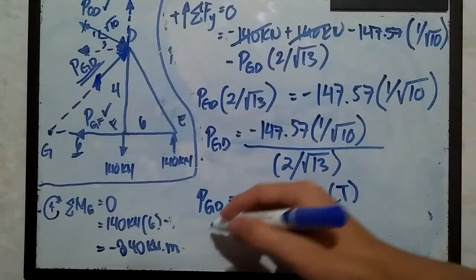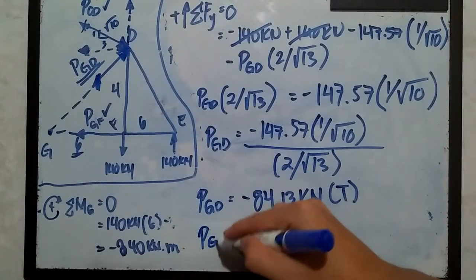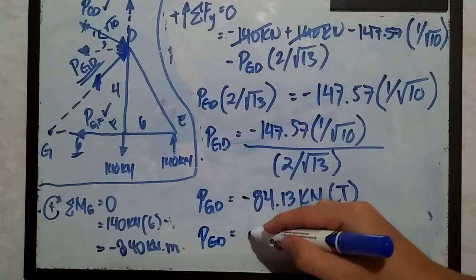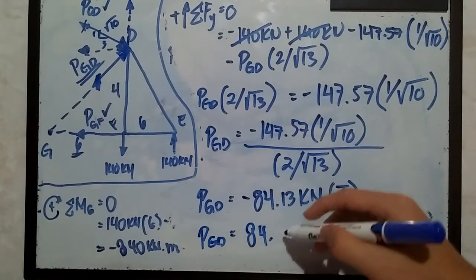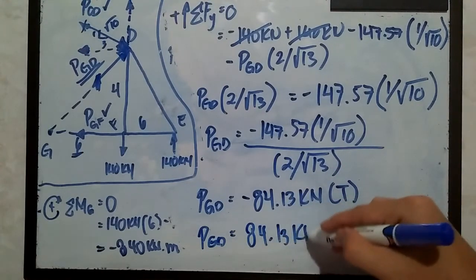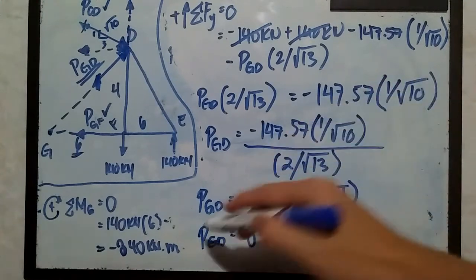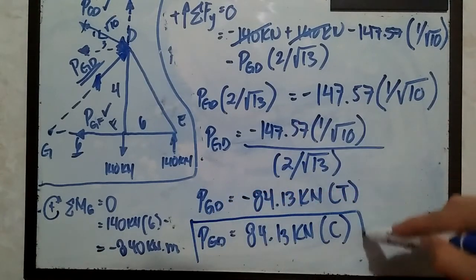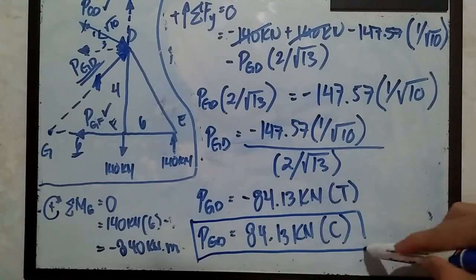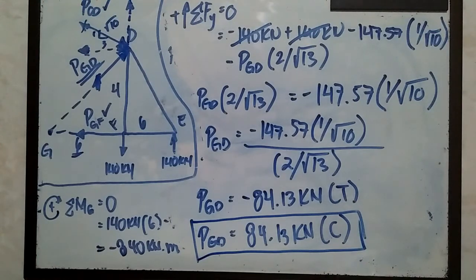So that should be in compression. So P sub GD is equal to 84.13 kilonewtons in compression. This one is the internal force acting at member GD. And part 3 of this sample problem will be for solving the cross-sectional areas.